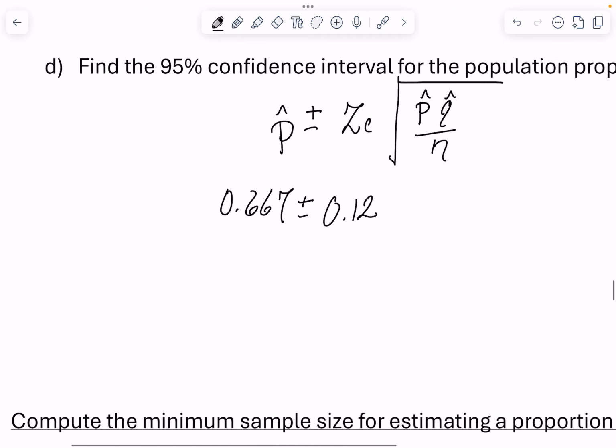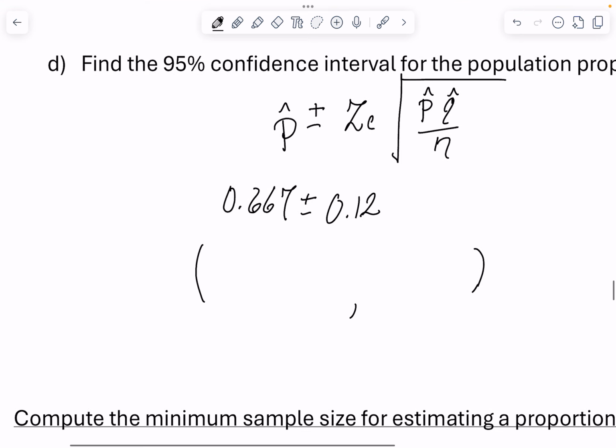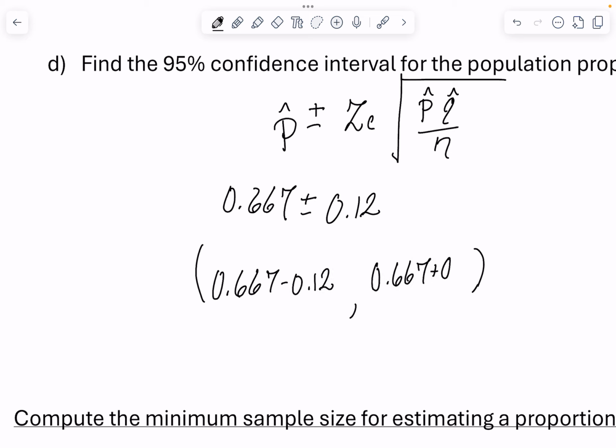Okay. So, as we recall, our confidence interval is going to be the sample proportion minus our maximal margin of error and added to it. So numerically, that is going to look like so in our equations.